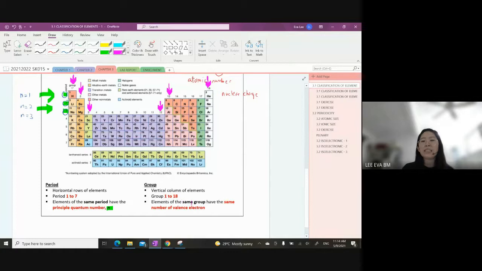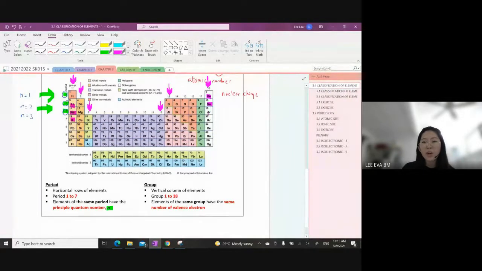Elements from the same group will have the same number of valence electrons. The easiest example you always use is sodium. Lithium, sodium, potassium all have one valence electron, so they are from group 1.